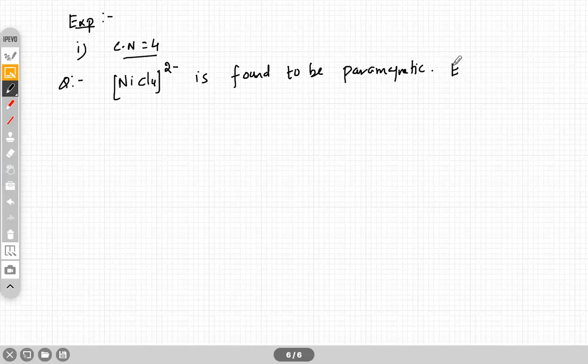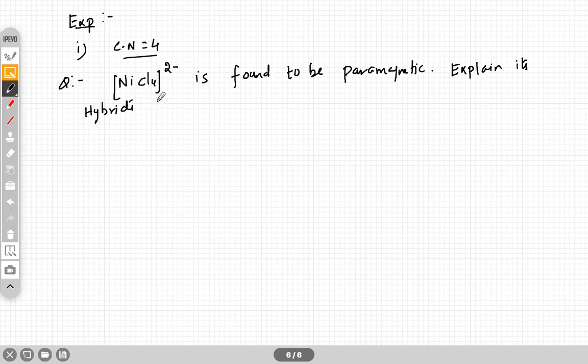Explain hybridization and geometry. Now, for your information, all halide ions are weak ligands.